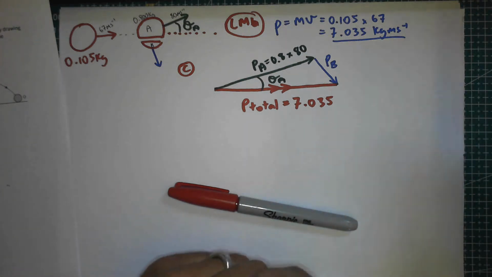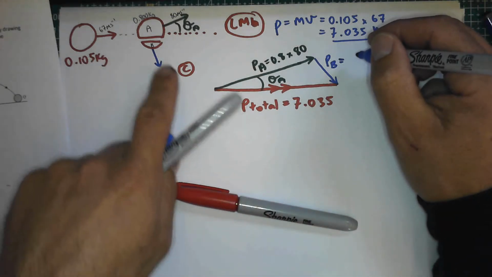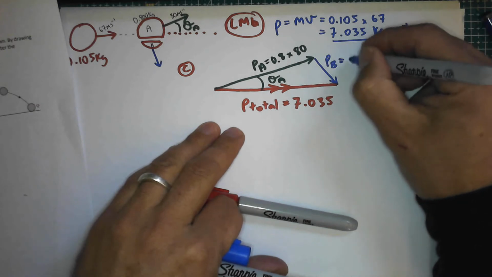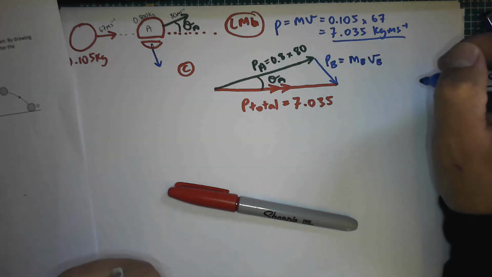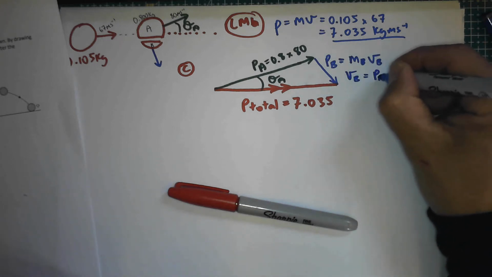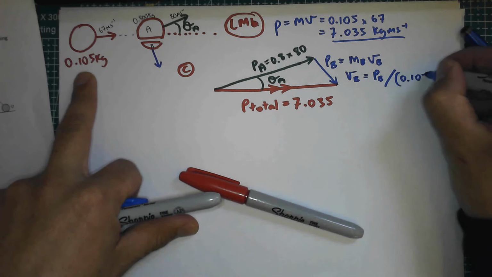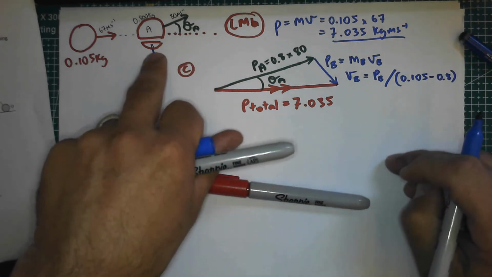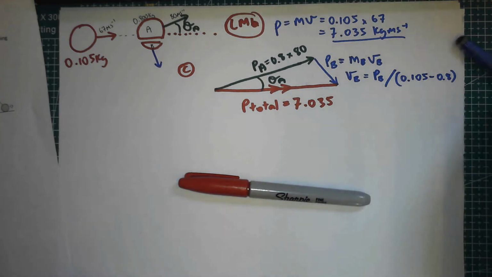The next step would be that the momentum here is equal to the mass of B times the velocity of B, which means the velocity of B equals the momentum of B divided by the mass of B. The mass of B is 0.105 minus the mass of A, because B must be the difference between the two masses. So that is the answer there.